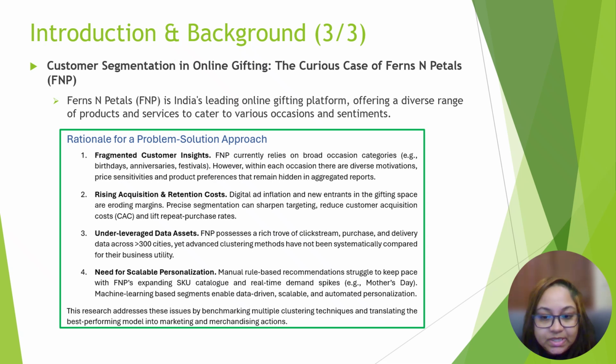Thirdly, underleveraged data assets. FNP possesses a rich trove of clickstream data, but not much analytics on it. Lastly, the need for scalable personalization. As mentioned previously as well, manual rule-based recommendations struggle to keep pace with FNP's expanding SKU and real-time demand spikes. So ML-based segments will enable data-driven, scalable, and automated personalization.